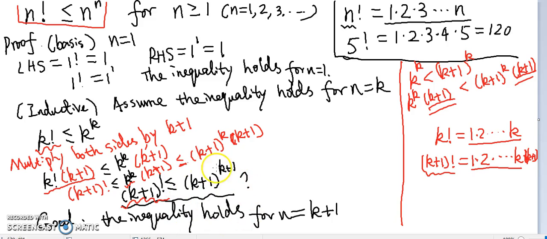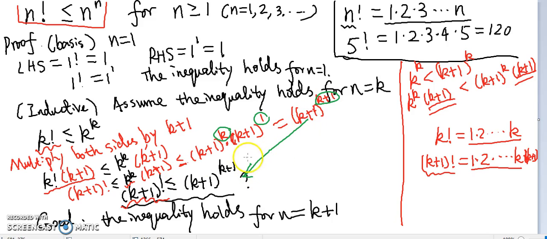Now we can use the algebra property. When we multiply exponents with the same base, k plus 1, we keep the base k plus 1 and add the powers. We add these two powers, k and 1, and we get k plus 1. And that's exactly what we need on the right-hand side.